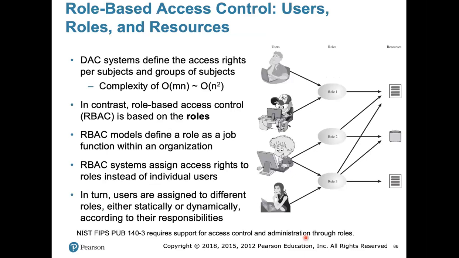So we've talked about discretionary-based access control. And if you remember, I mentioned that in discretionary-based access control, we basically grant accesses case by case, which means that, let's assume that we have m different subjects or users and n different objects or resources.